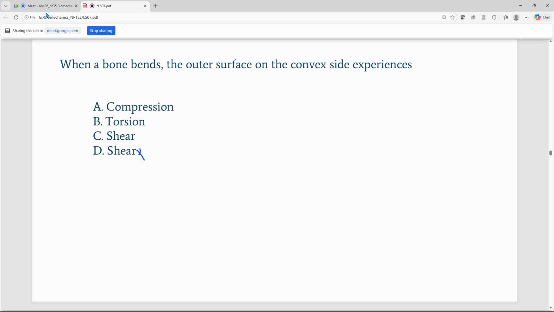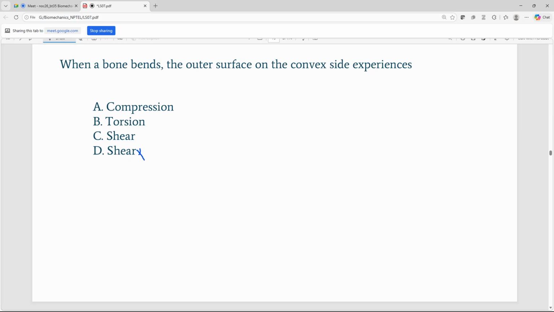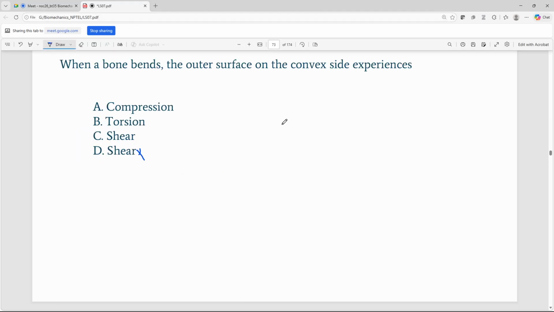There is no right answer for that. Can anyone give the right answer? I have not listed the actual answer here.